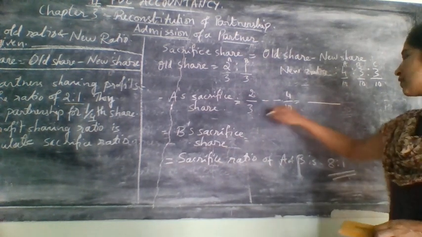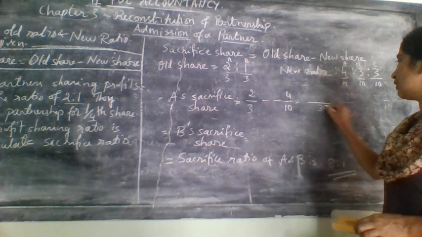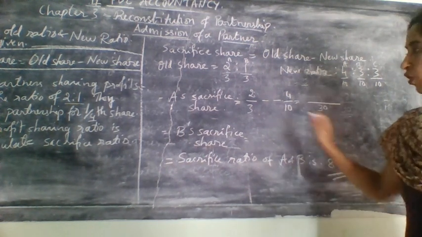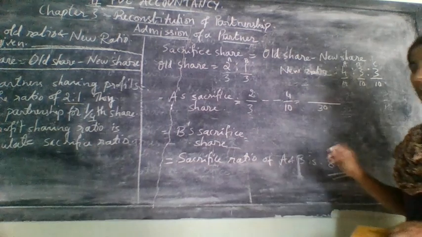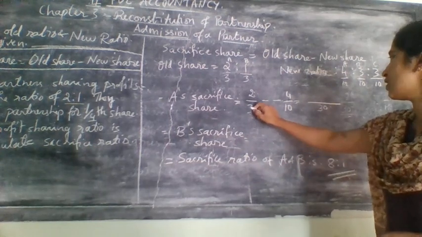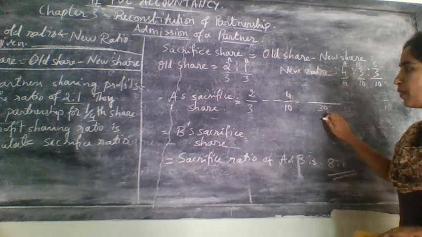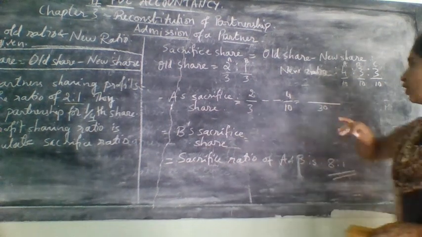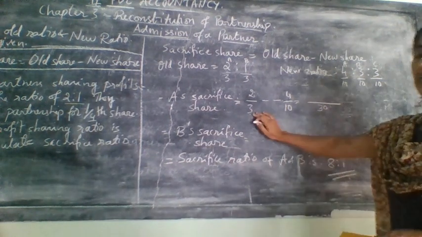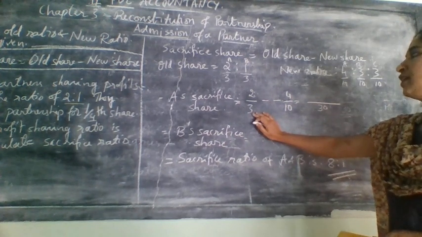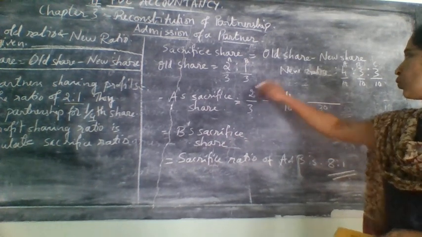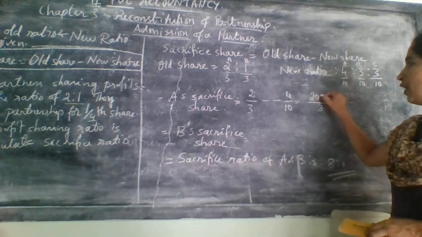Do multiplication. 3 tens are 30. Now there is no need of cross multiplication. Instead, take your calculator. Denominator divided by denominator: 30 divided by 3, how much will it come? 10. 10 into 2, how much? 20.